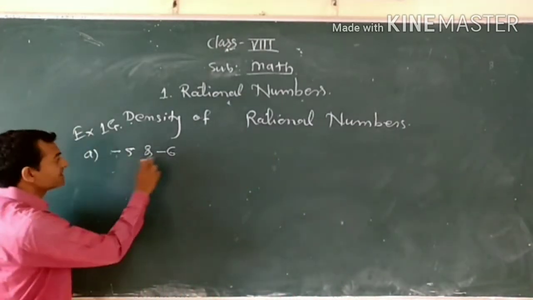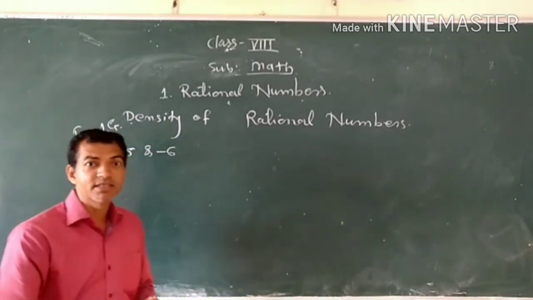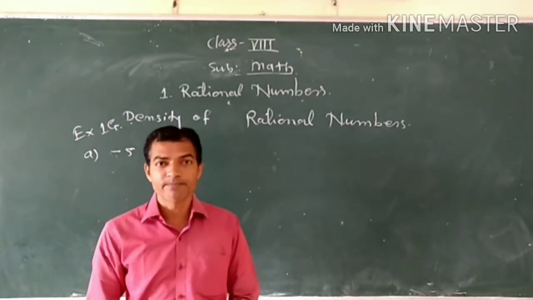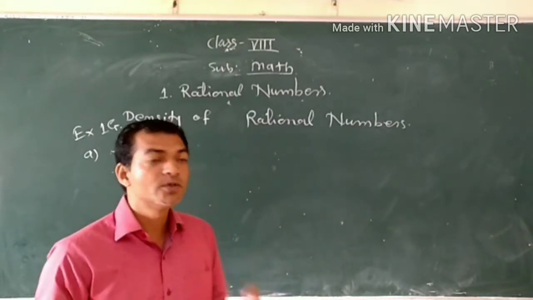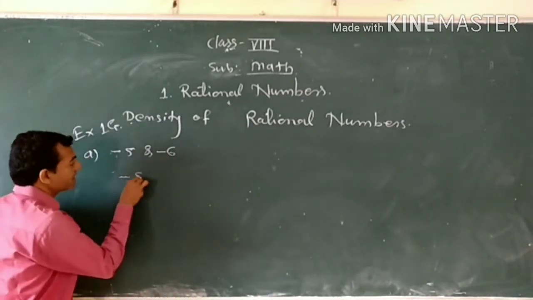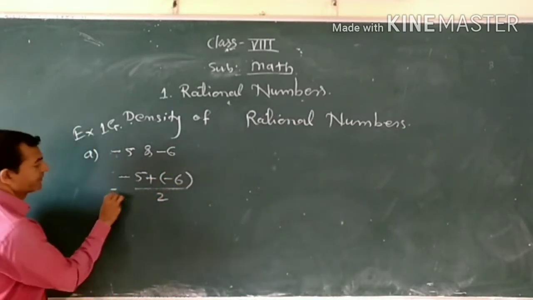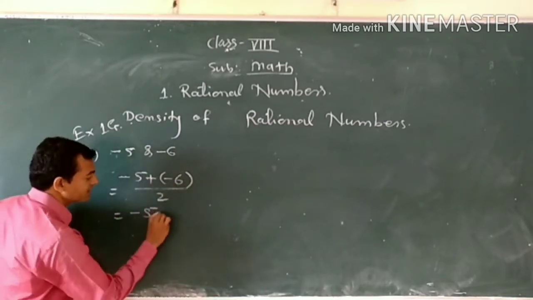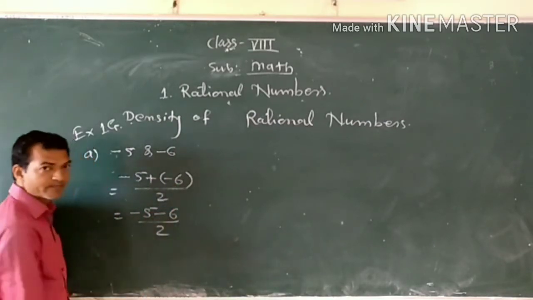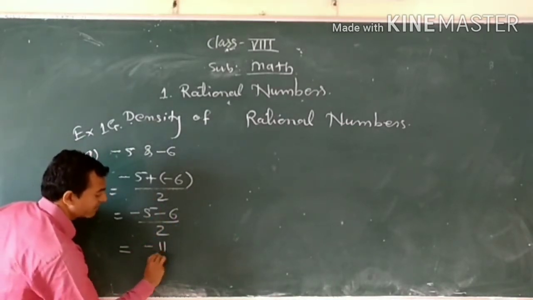See here, -5 and -6. What you have to do is add these two numbers and divide that sum by 2. So -5 plus -6 divided by 2. This will be equal to -5 plus -6 divided by 2, which is -11 by 2.